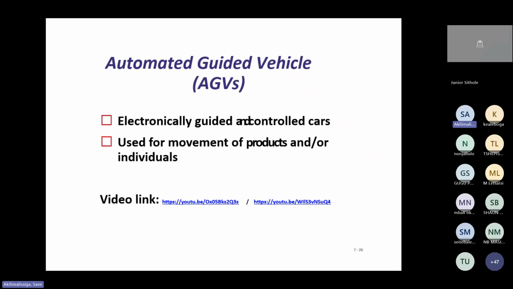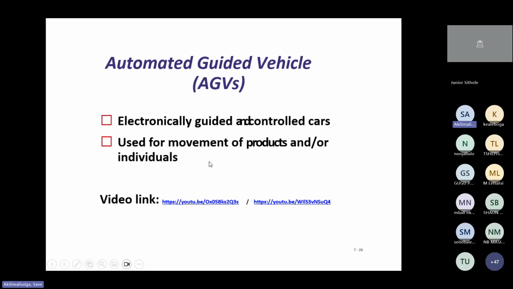No, it's based on the sensors or the software installed in them, and also on the operator's requirements, so that they can move the materials or the product from one location to another, or to a location where the items are needed.